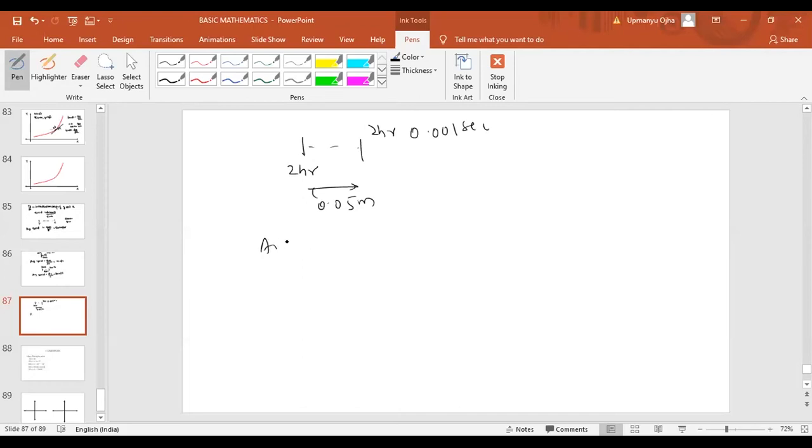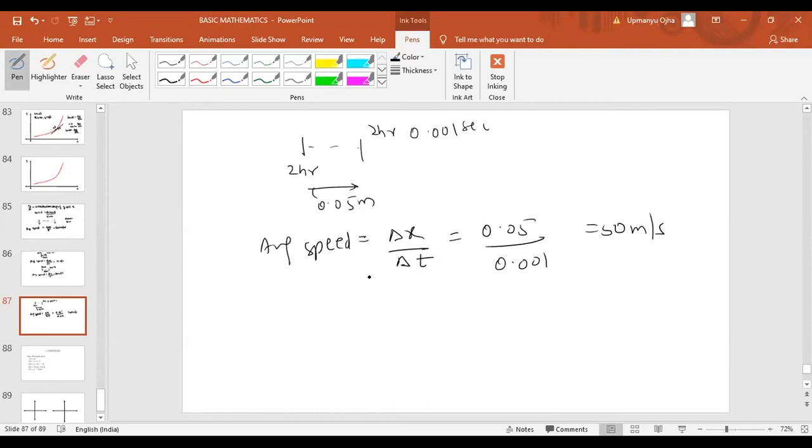Now what is the average speed? Again, average speed will be change in x by change in time, delta x by delta t. Delta x was 0.05 and delta t was 0.001. It will come as 50 meter per second.